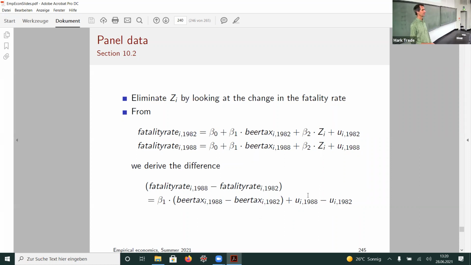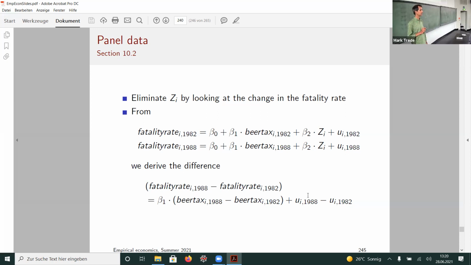And the good thing is, it's not only cultural attitudes, it's all omitted variables that do not change over time that disappear here. So the criticism that some omitted variables are still omitted doesn't really apply here, because all potentially omitted variables that do not change over time cancel out here.